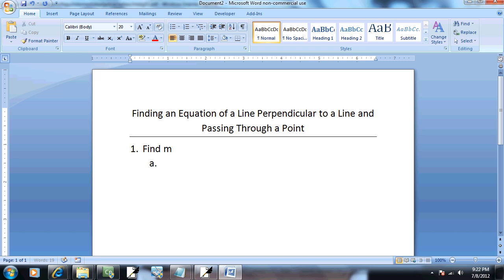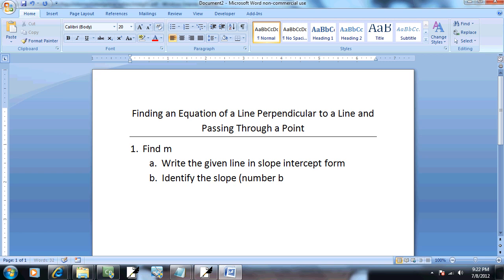Within that, we're going to write the given line in slope-intercept form. Identify the slope. That's the number before the x. And perpendicular lines have slopes that are negative reciprocals.